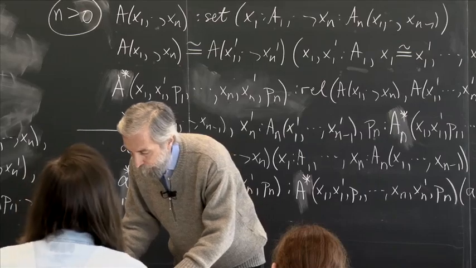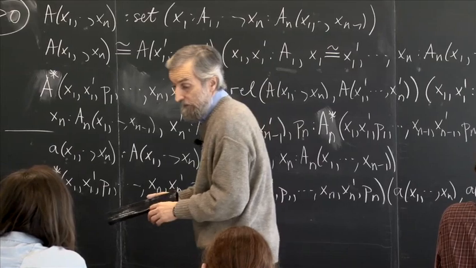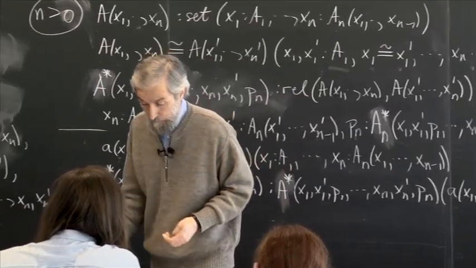So now let's go on to the simplest possible ground type, namely the Booleans.